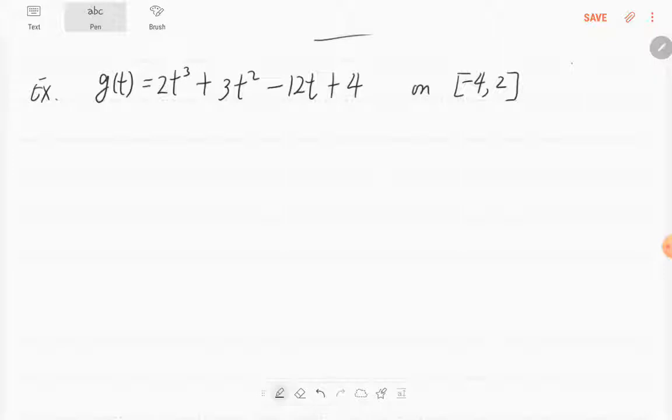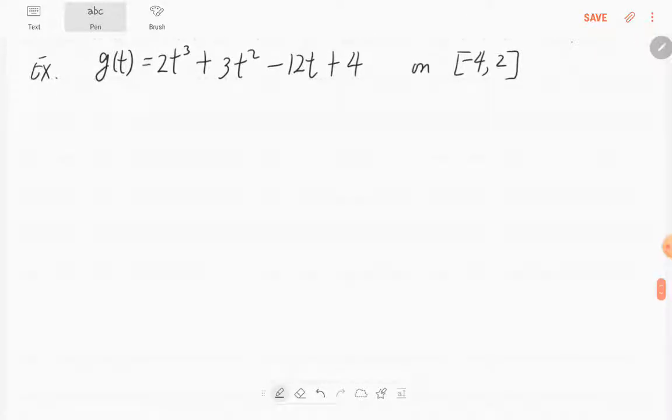This is a polynomial function, so it's always continuous, and the interval is closed. There are very standard steps to find the global maximum and global minimum. Step 1, we need to find the critical points.